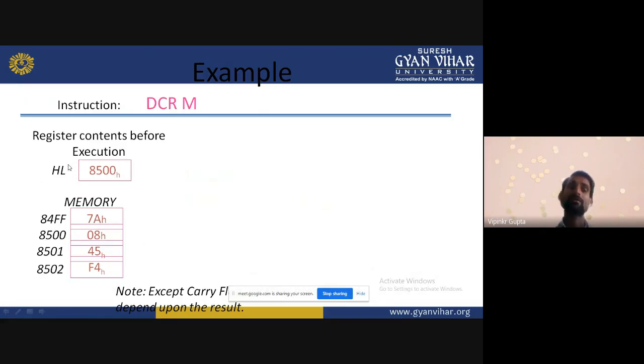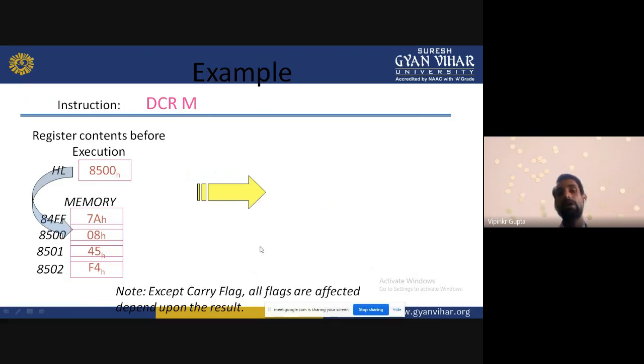Suppose the HL pair holds 8500, then what is the data at 8500H? It is 08H. So we go to the 08H. Decrement M means decrease by 1.